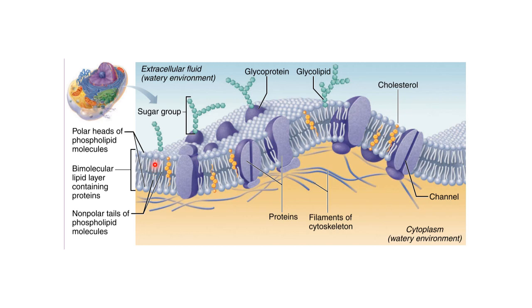So, the phospholipid will interact with other phospholipids to form the cell membrane. And they interact in a particular way. So that the polar head, which is made up of phosphate, interacts with extracellular water, so water outside the cell, and the fatty acid tails will interact with the other fatty acid tails to form a hydrophobic layer.